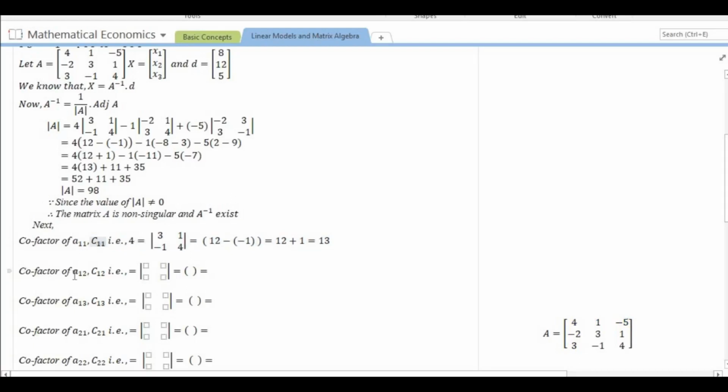Next, cofactor of A12, that is element present in the first row and second column, which is 1. What about its positional sign? 1 plus 2 equal 3. 3 is an odd number, so we have negative.